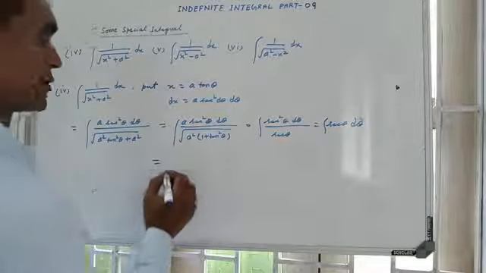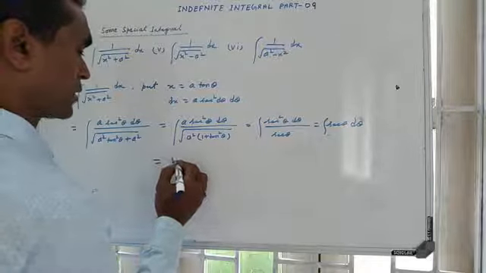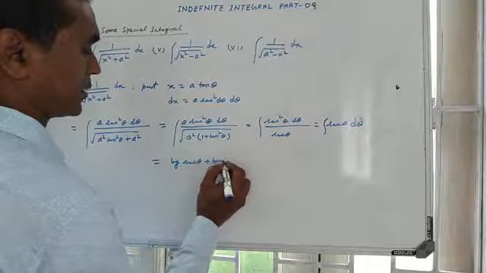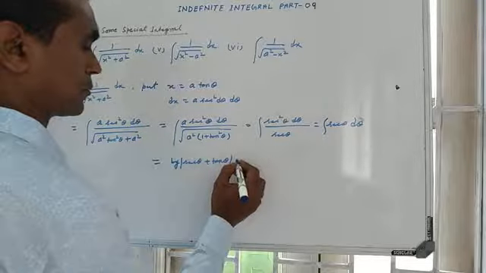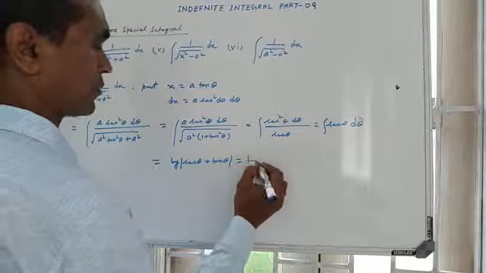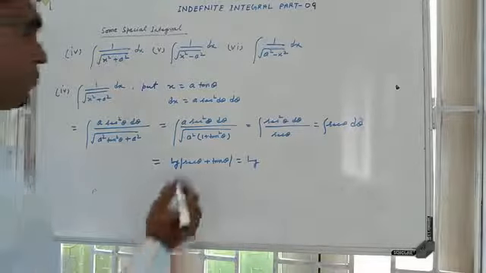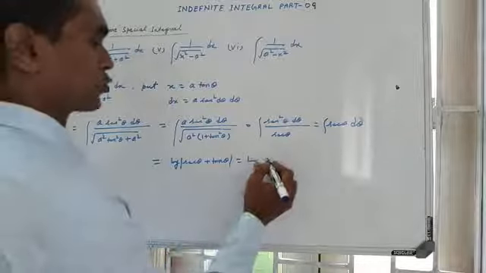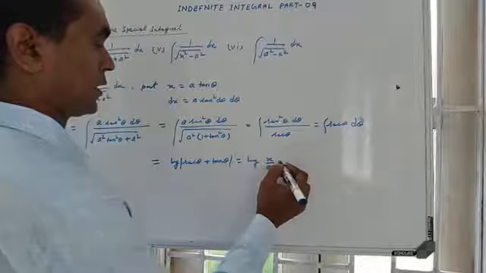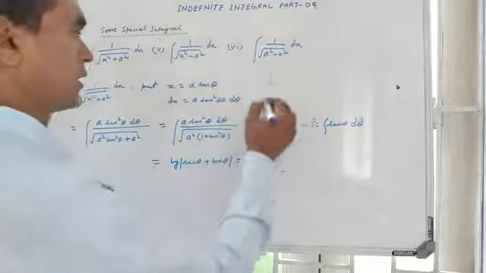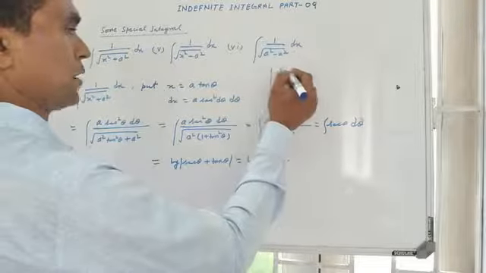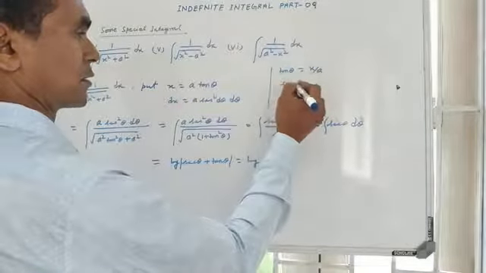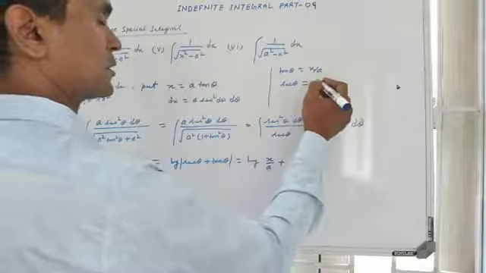Now the integral of sec theta is equal to log of sec theta plus tan theta. Sec theta we have to find. Tan theta is given as x by a. So tan theta is equal to x by a, and sec theta is root of 1 plus tan square theta.